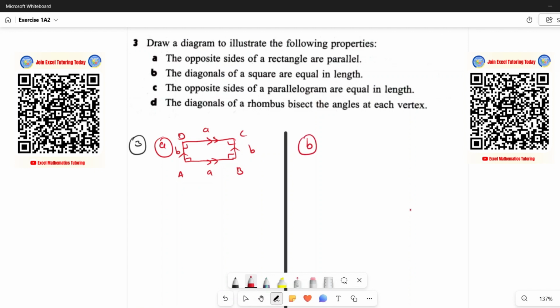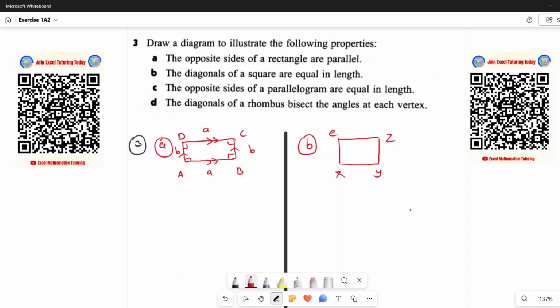Now moving to B, the diagonals of a square are equal in length. So we just need to draw a diagram for the square first. If you draw with a divider, you can find out the diagonals. I'm giving different names for the square: x, y, z, e.